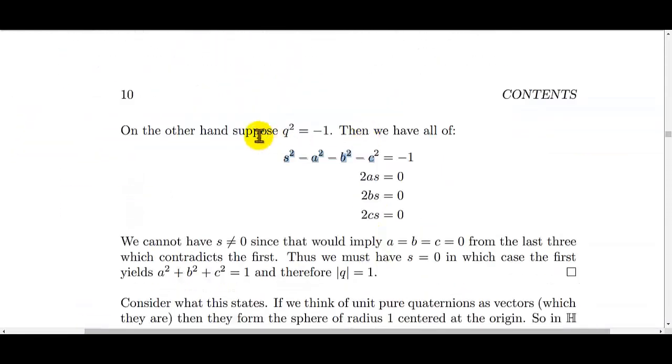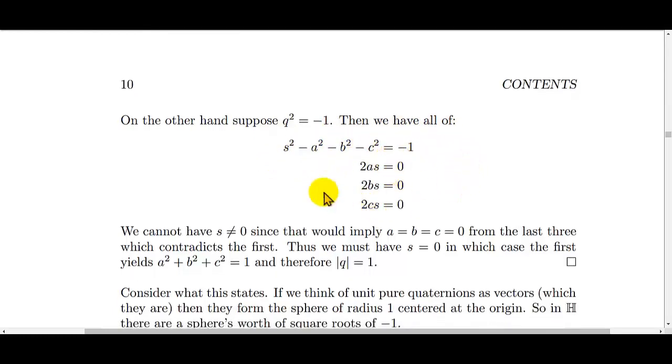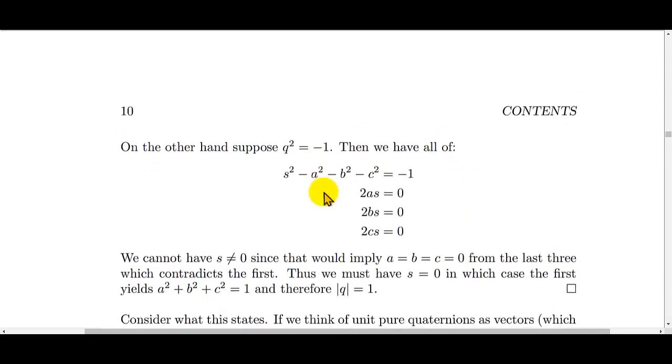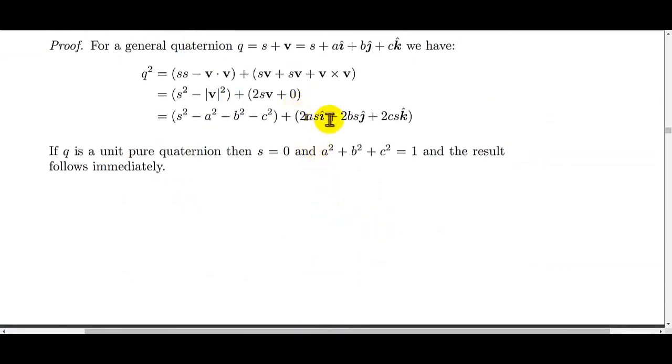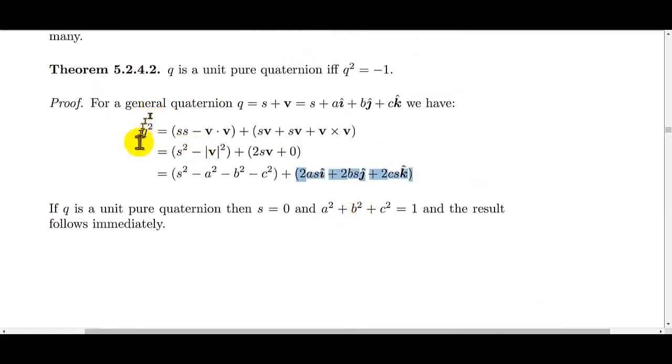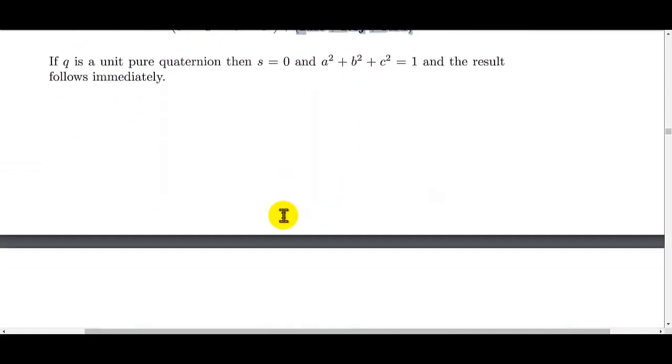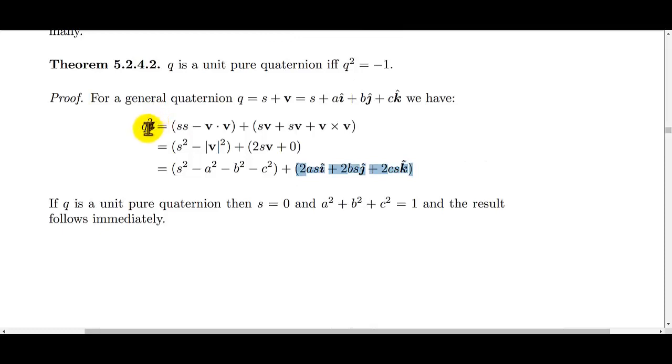So now, on the other hand, suppose Q squared is equal to -1, then we have the following: S squared minus A squared minus B squared minus C squared equal to -1. And we should have all the other parts equal to 0, because it is equal to -1, which is a number.